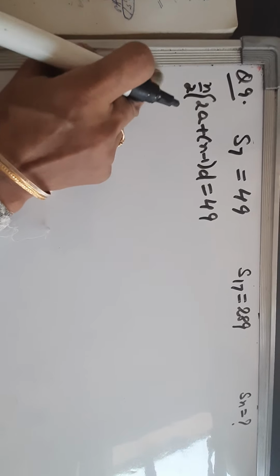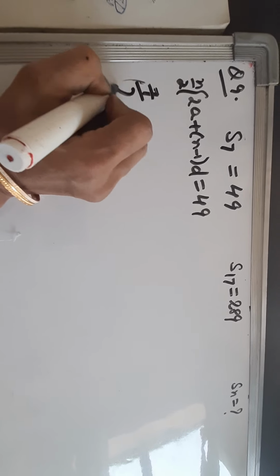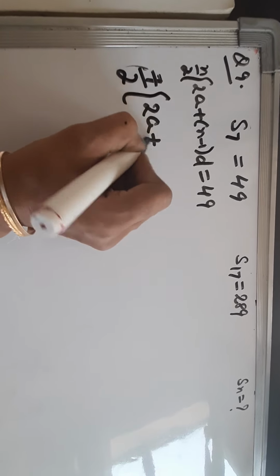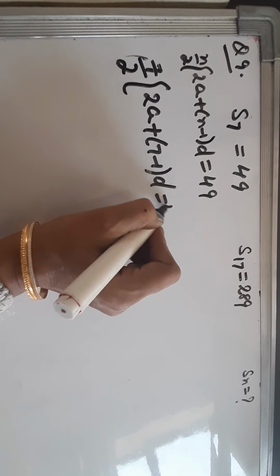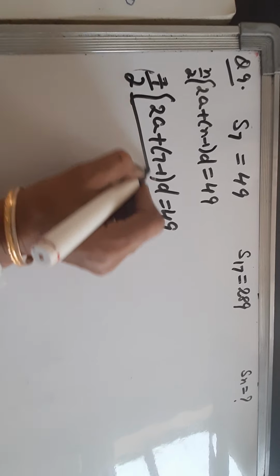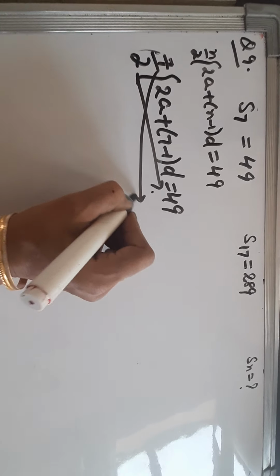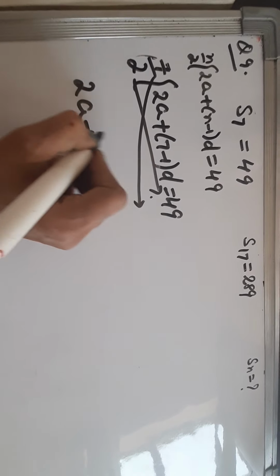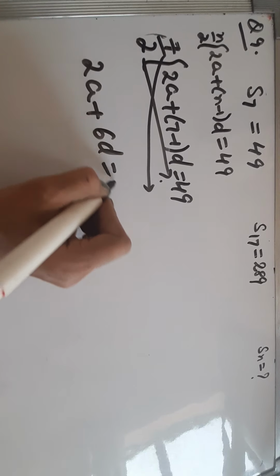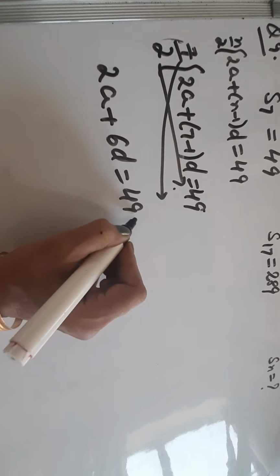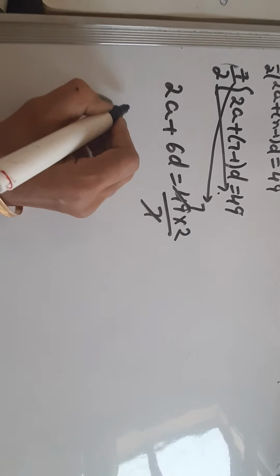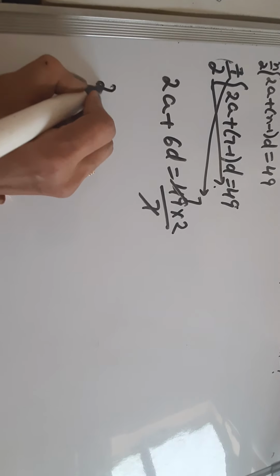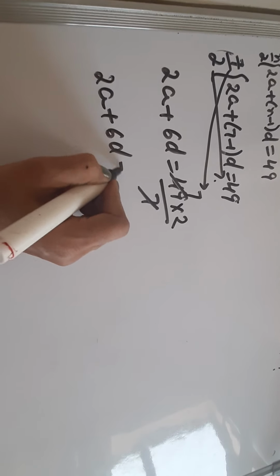So 7/2 into 2a plus 7 minus 1, n-1 into d is equal to 49. तो ये क्रॉस मल्टीप्लाई से उधर ले जाते हैं. 2a plus 6d is 49 multiplied by 2 and divided by 7. So we'll get 2a plus 6d is equal to 14.